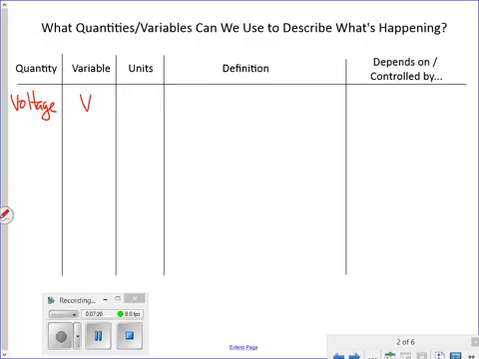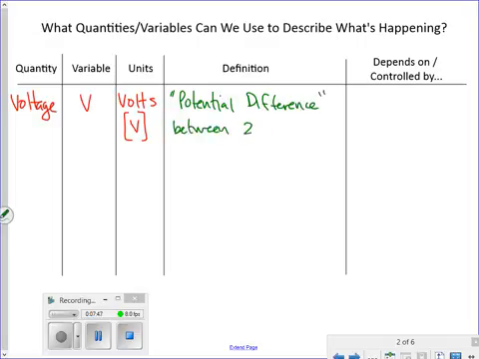Variable V, units volts, which we also write with capital V. The definition of voltage is what's called potential difference between two points in a circuit. It doesn't have to be in a circuit, but we're talking about circuitry.